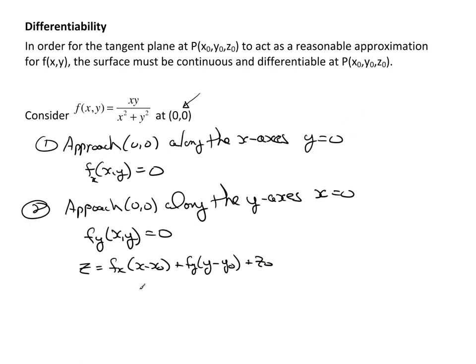And z naught, it looks like, is going to be 0. And these are all 0. So what it looks like is that z is simply approximately 0. That's my approximation, which sounds pretty reasonable.